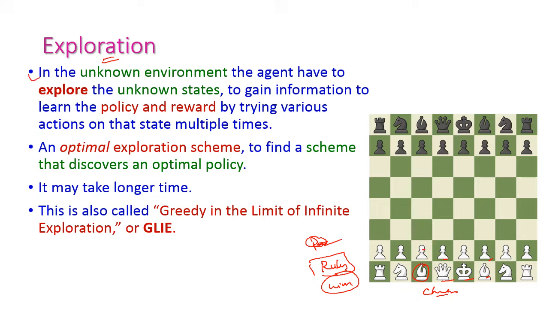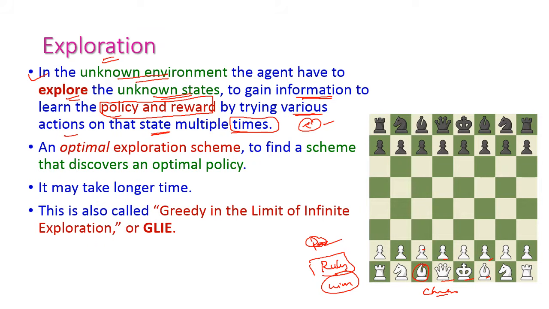So exploration means in an unknown environment, the agent has to explore the unknown states to gain information to learn the policy and rewards, by trying various actions on that state multiple times. This is called exploration.